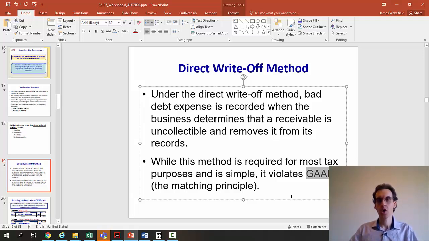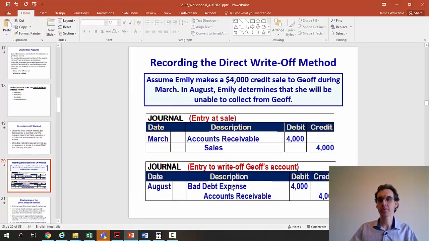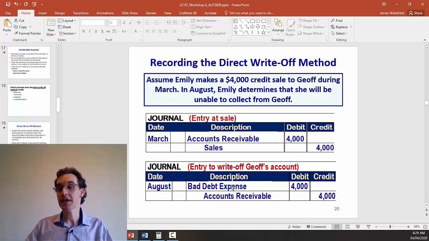That means they are not going to change anyone's perception of the overall success or otherwise of that entity, because they are so small, really insignificant in the grand scheme of the whole business. Now, how do you actually record a direct write-off if it is in fact an immaterial part of the overall business operations?